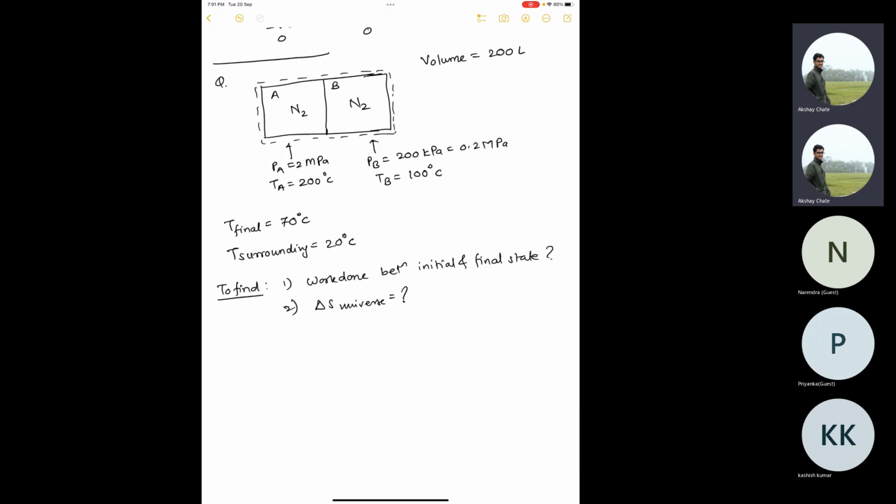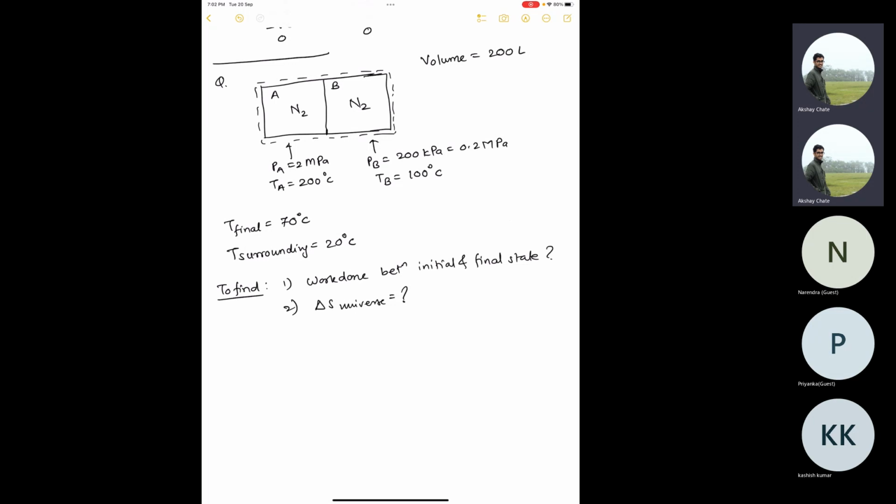But if someone takes only compartment A as a system, what will happen? Whatever work is done by A on B will be equal to whatever work is done by B on A, or you'll have to apply both first law and second law. Maybe I'm wrong, maybe these work done will not be the same, but it will satisfy first law and second law, but applying to each compartment is difficult.